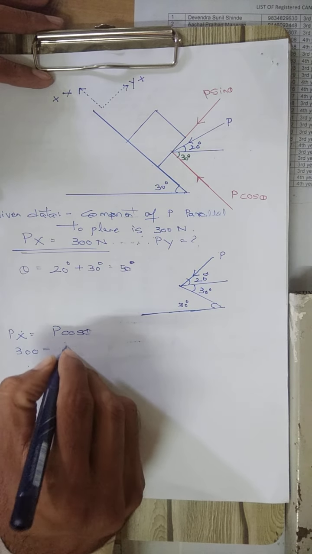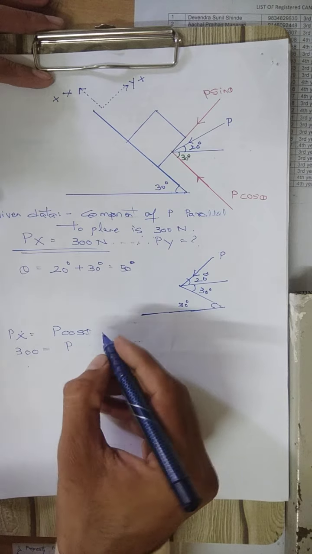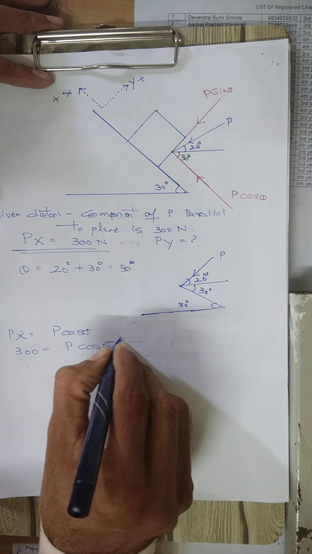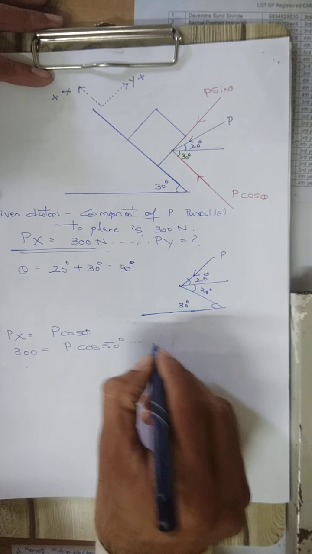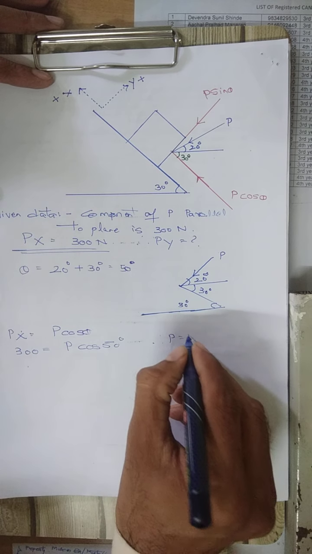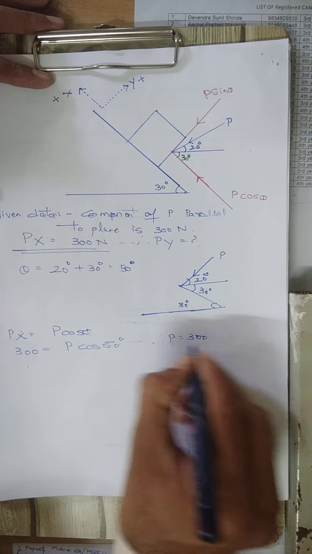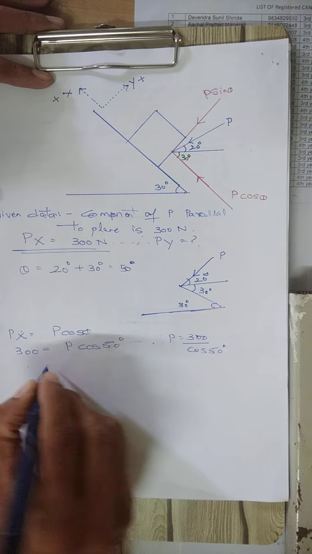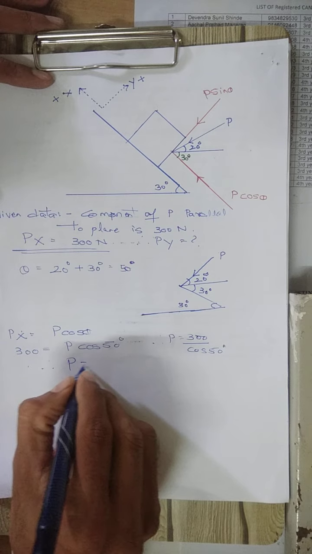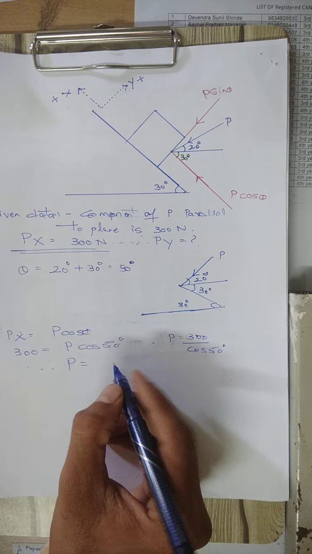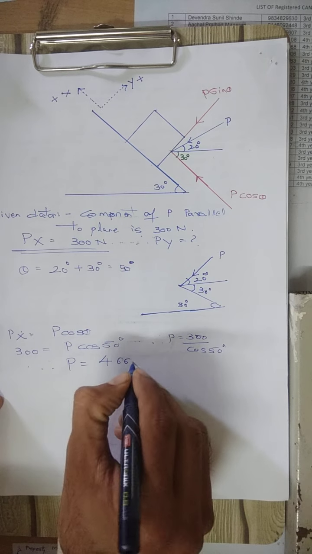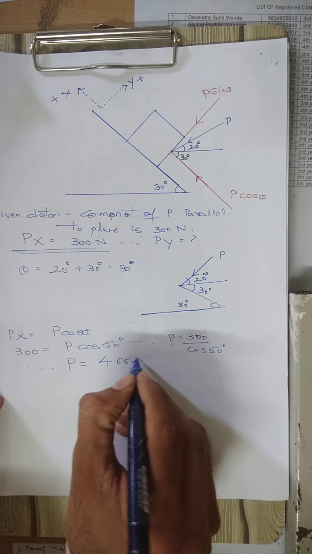So 300 is equal to P, the unknown force, times cos of theta, which we have just calculated as 50 degrees. Therefore P is equal to 300 divided by cos of 50 degrees. Therefore P is equal to 466.71 newtons.